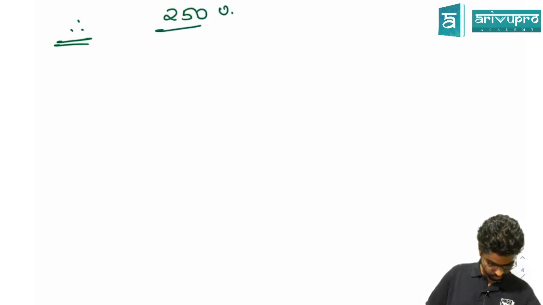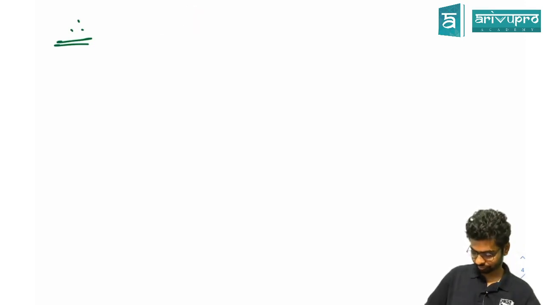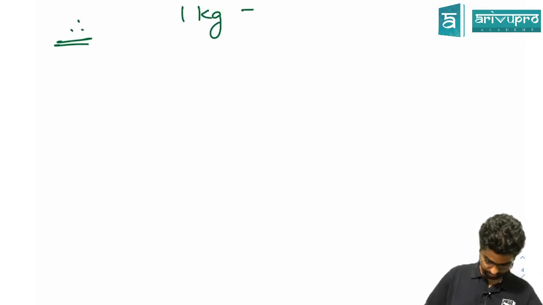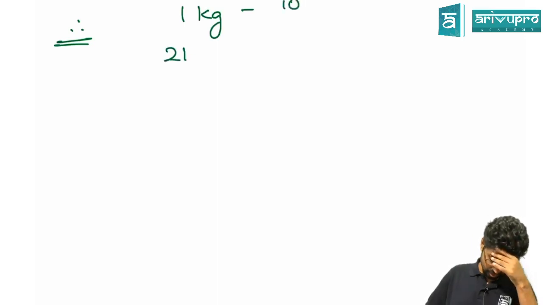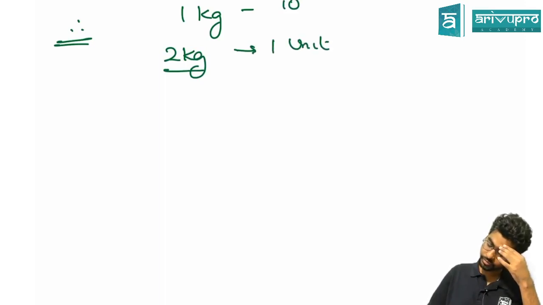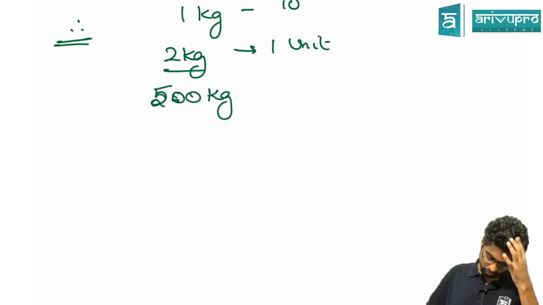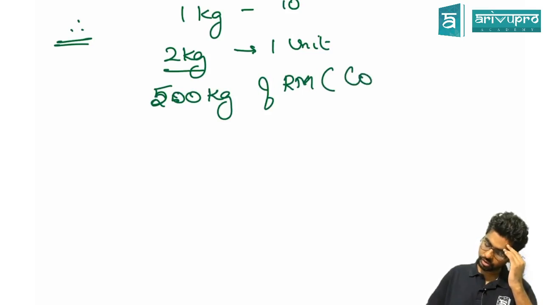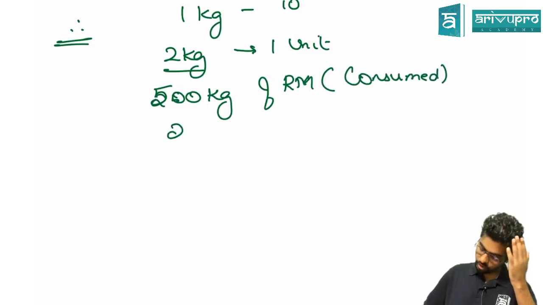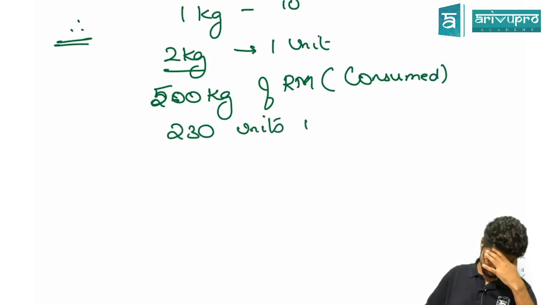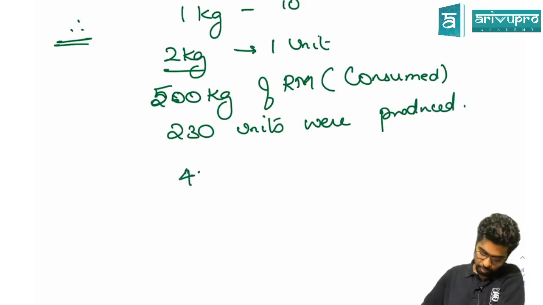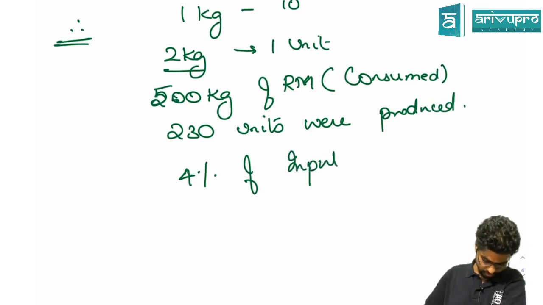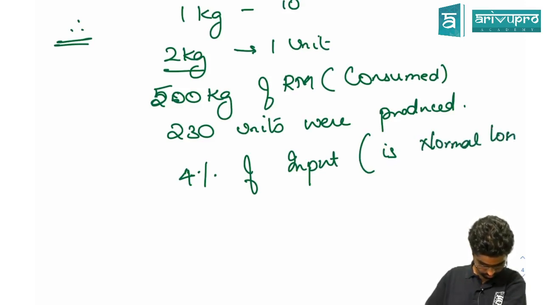250 units produced, sorry, 1 kg costs 10 rupees, 2 kgs to produce 1 unit, right? 500 kg of raw materials were consumed, 230 units were produced, and 4% of the input is normal loss.